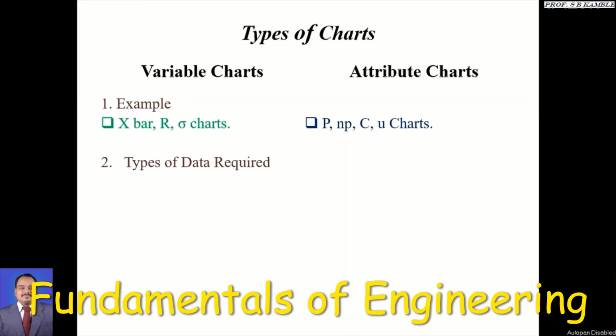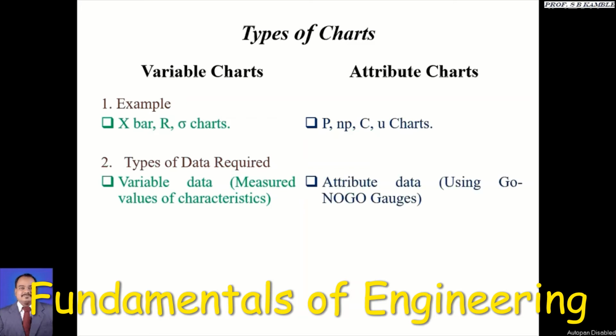What types of data are required in a variable chart? Here we require variable data, meaning measured values of a characteristic. Earlier we discussed what is meant by variable data: we measure the actual dimensions, length, height, width. All the dimensions are measured using precision measuring instruments, and we note the data, and based on that we plot the control charts for variable data.